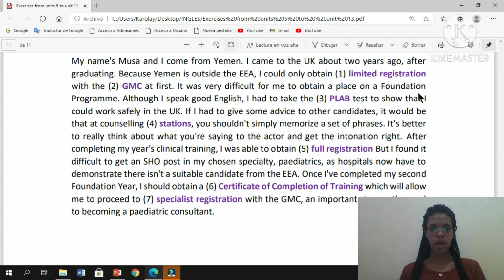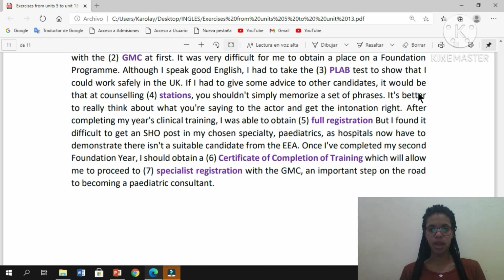Plus, in my chosen specialty, pediatrics, hospitals now have to demonstrate there is no suitable candidate from the EEA. Once I've completed my second foundation year and my certificate of completion of training, which will allow me to proceed to specialist registration with the GMC, I hope to go on to becoming a pediatric consultant.